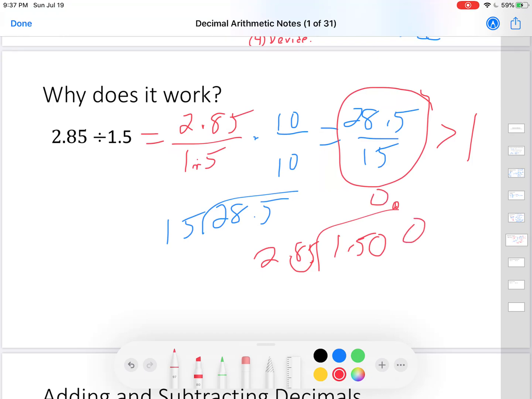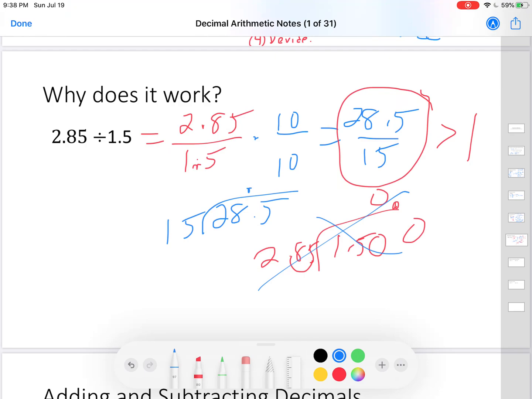It does not. So this answer would be less than 1. But we know that 28 over 15 is more than 1. That's how we know that this is the wrong way. We need this to come out to more than 1, so we have to have the bigger valued number on the inside and the smaller valued number on the outside.